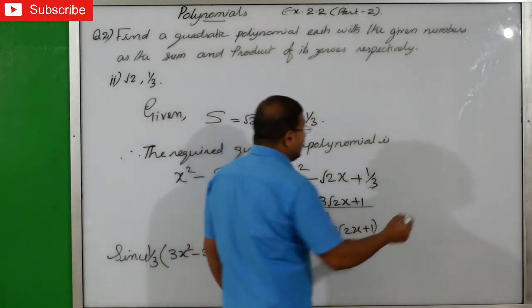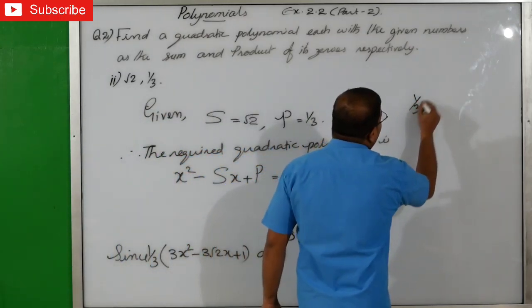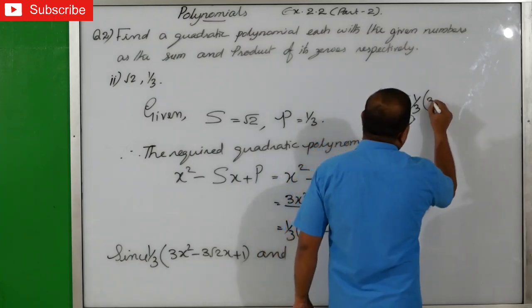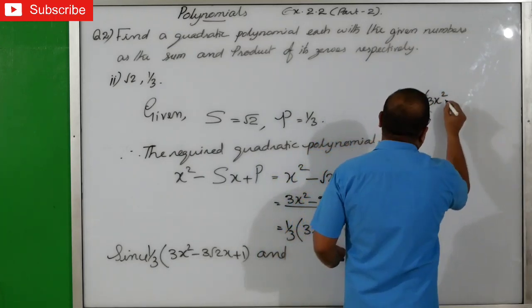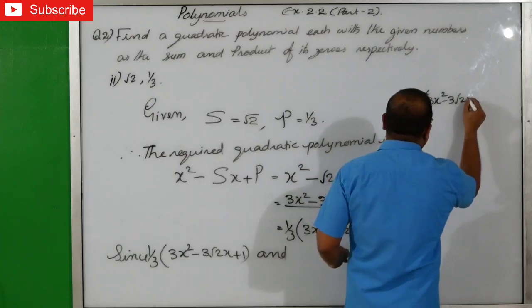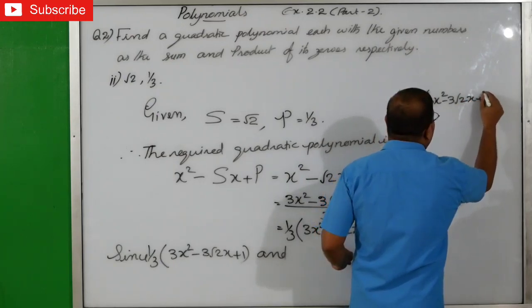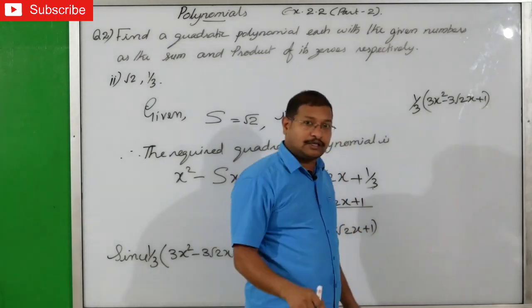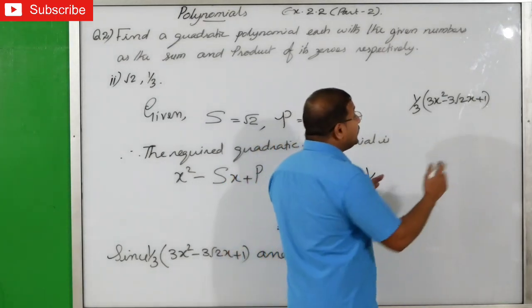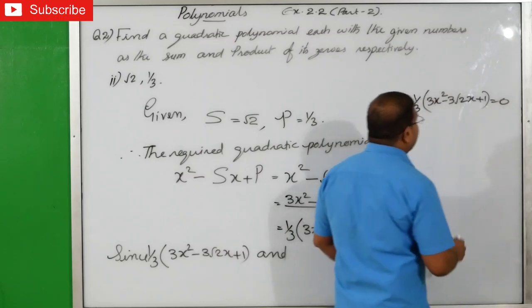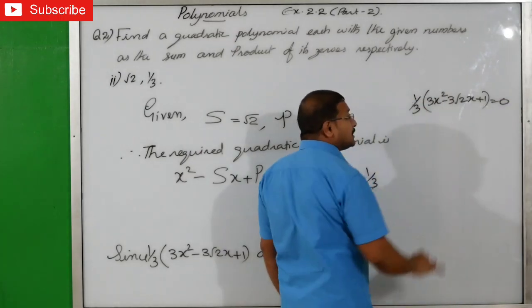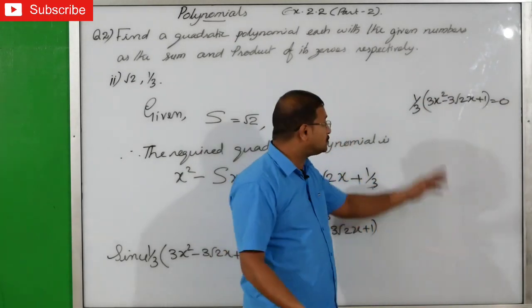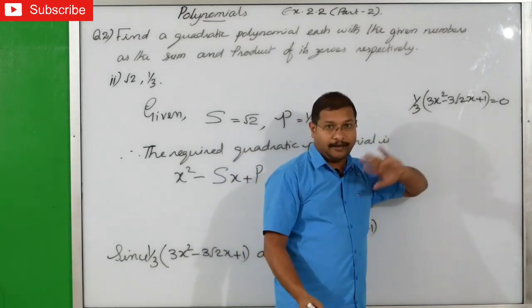Just imagine, if you want to get the zeros, it should be equal to 0. That means the 0 when it goes to the next side will be 0, because 0 into 3 is 0.